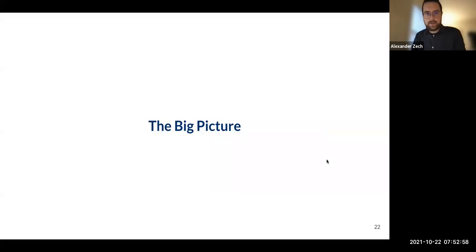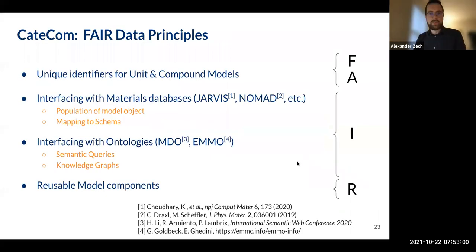So let's have a look at the big picture. First of all, I would like to talk a little bit more about how the CateCom approach fits into the FAIR infrastructure. Since we use unique identifiers for the unit and compound models, these become findable and searchable. So this would fit in the aspect of the findable part.